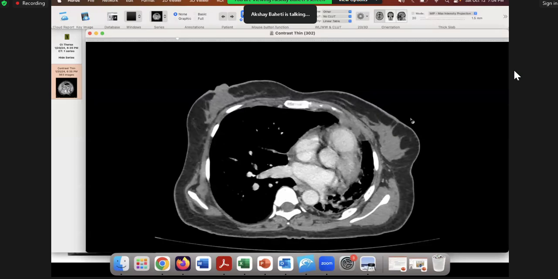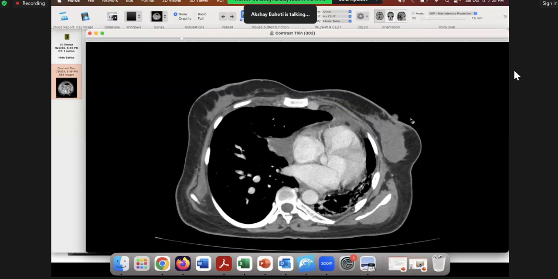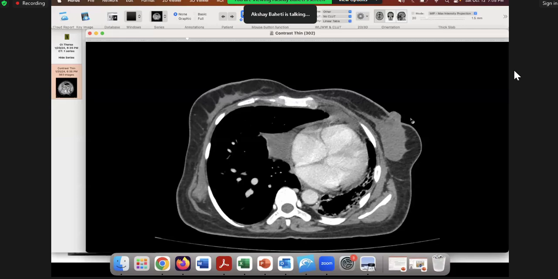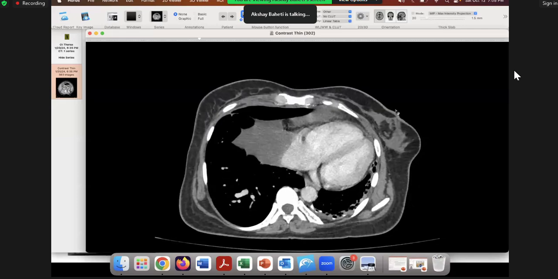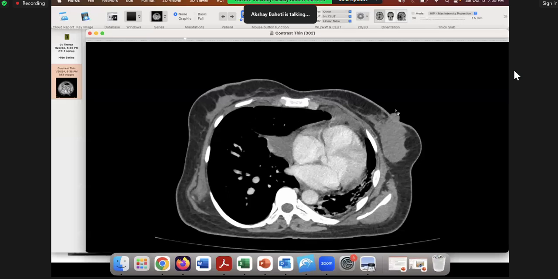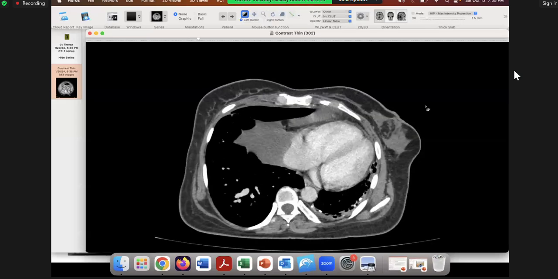CT is not always great in differentiating a fibroadenoma from a breast cancer, but at least as a breast lesion, right? Here I would tend to ignore it. I agree it's asymmetric, but I think that's more to do with the positioning of the lady than anything else. Okay, but there's something else, but that's okay.